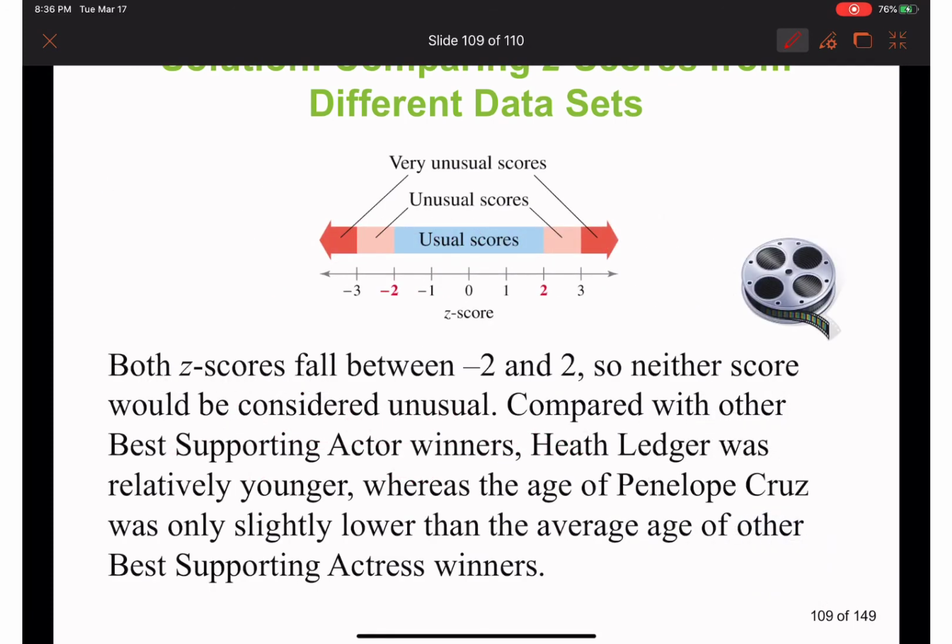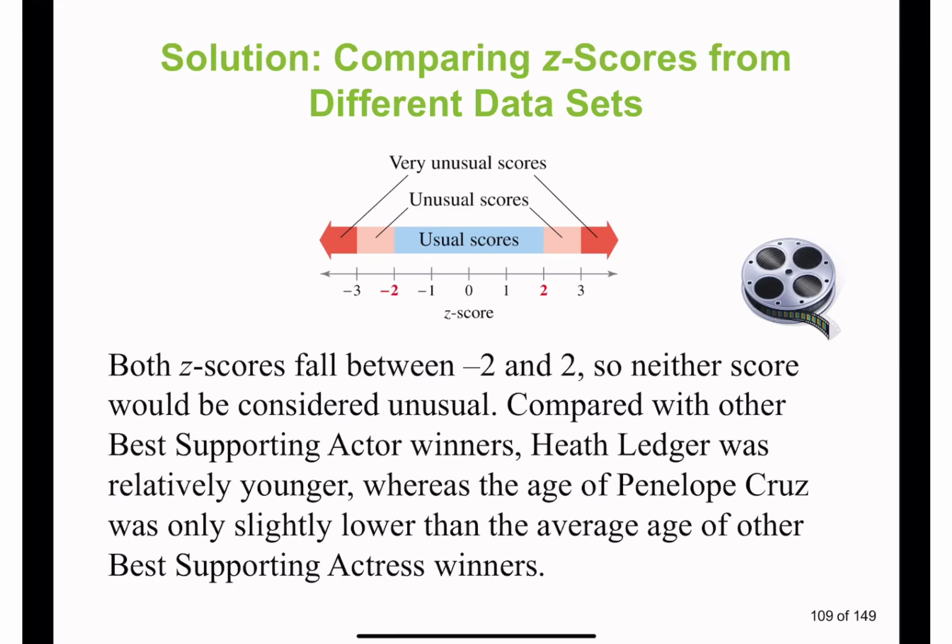So this is our spectrum of z-scores. Here is negative 3.49, here positive 3.49. This is how the spectrum is broken down. If it's between negative 2 and positive 2, we consider it a usual score, which means both of them got their Oscars at a usual age.